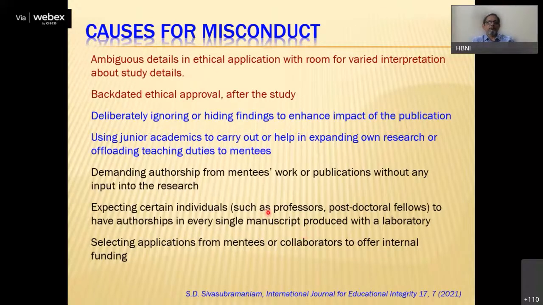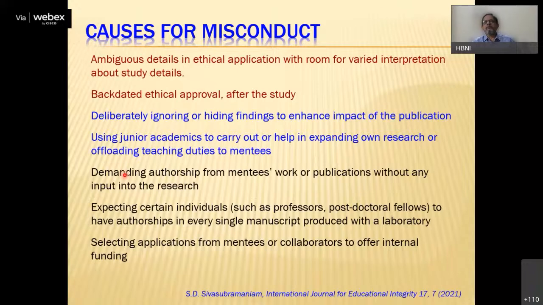Then sometimes they demand authorship from mentees' work or publication without any input into the research. This also you find, fairly often in our country also, you have to put the names of certain individuals, whether they have in fact participated in that particular research work or not.